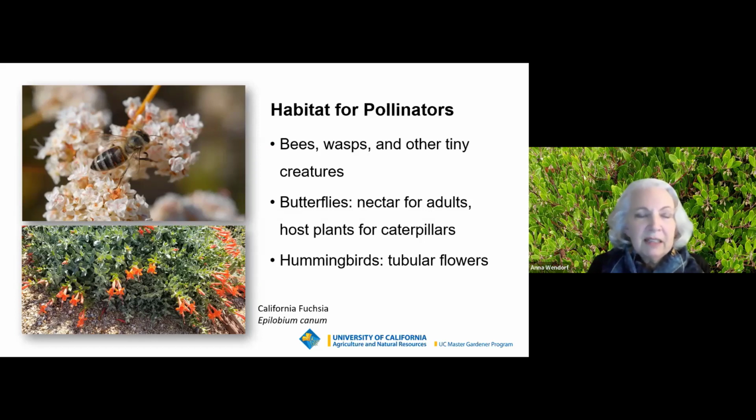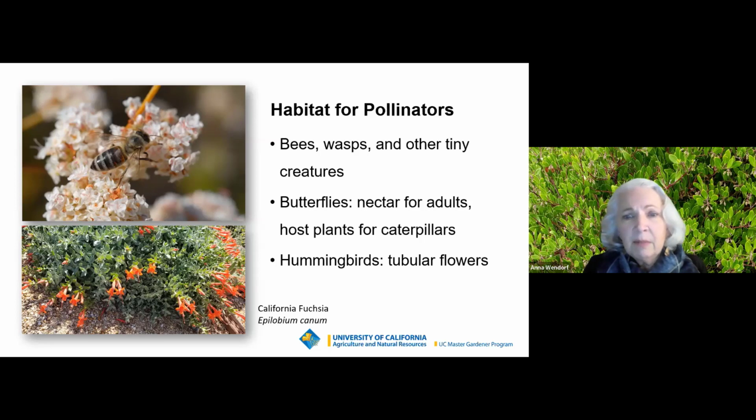And many of us have been planting milkweeds in order to support the monarch populations. Other butterflies and moths also have very specific plants, so we have to be sure to support them as well. And they're only going to be native plants. They're not going to be plants that have been brought in from the Mediterranean or from Asia.